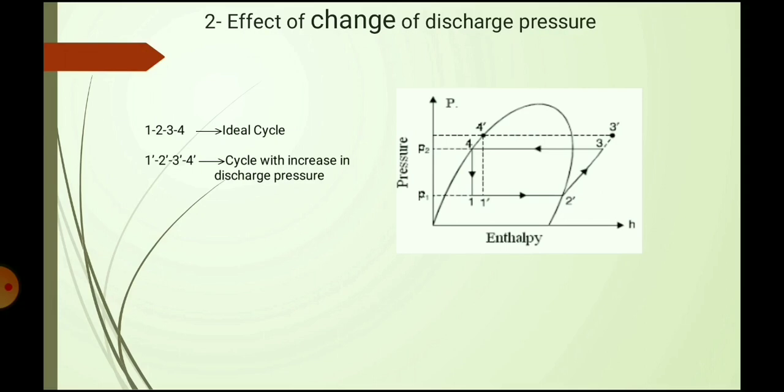Clear? Due to the increase in condenser pressure or discharge pressure, what happens? The work input increases from H3 minus H2 to H3 dash minus H2, which is an increase of H3 dash minus H3. Therefore the work done increases.